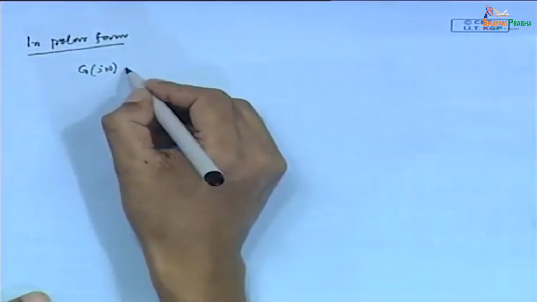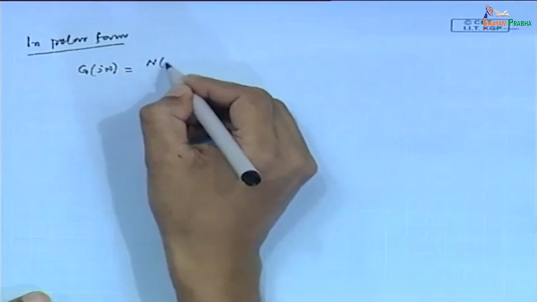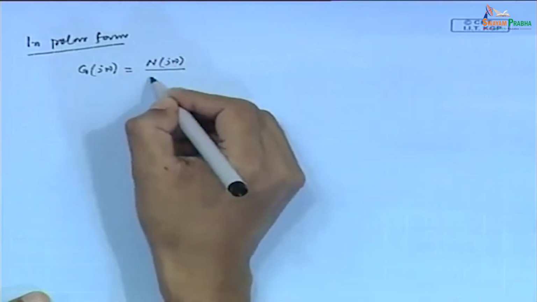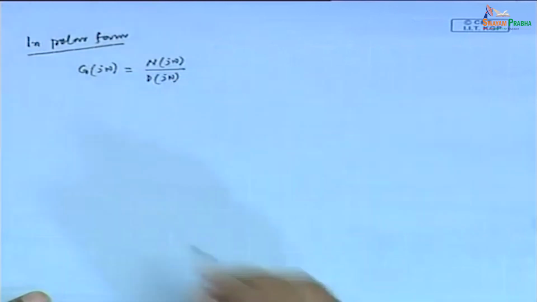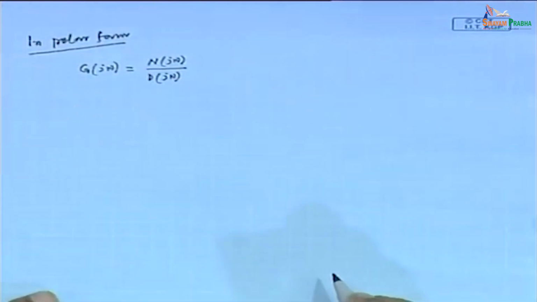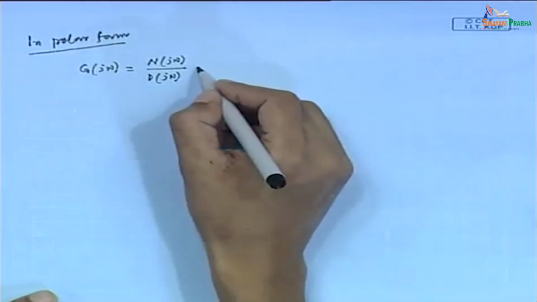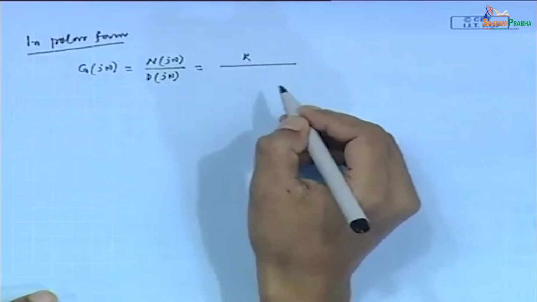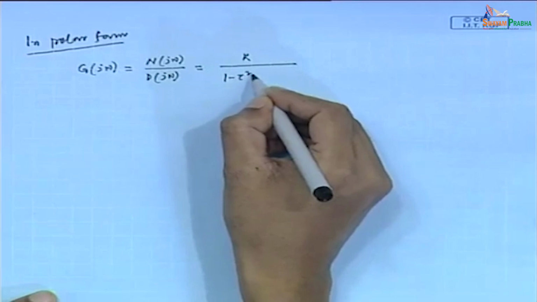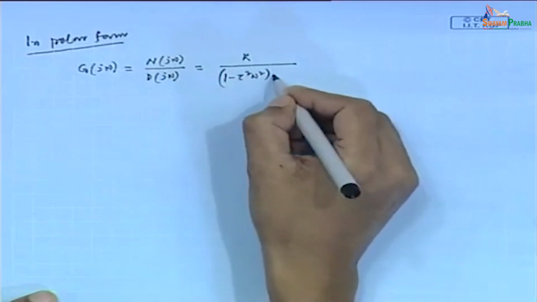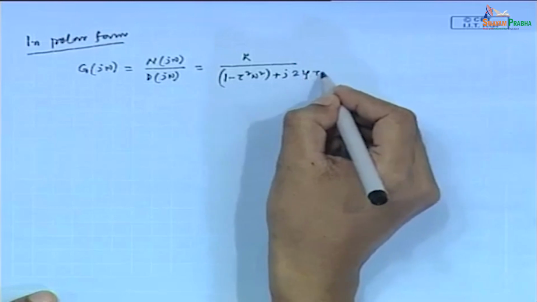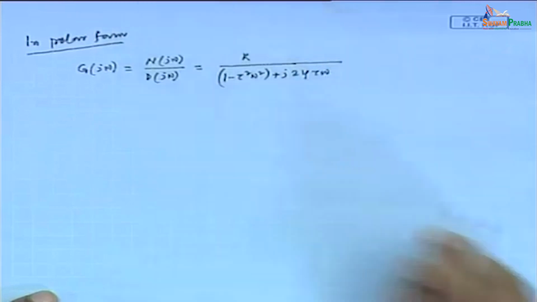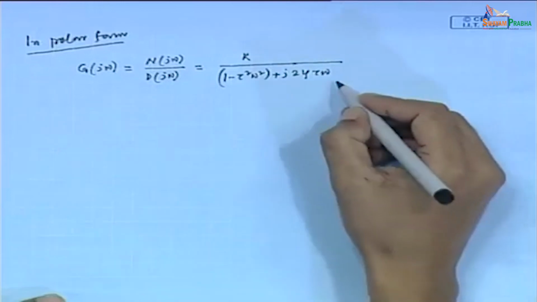First we write the frequency response transfer function as the ratio of numerator and denominator. We got this expression k divided by 1 minus tau square omega square plus j 2 zeta tau omega after substituting s equals j omega.